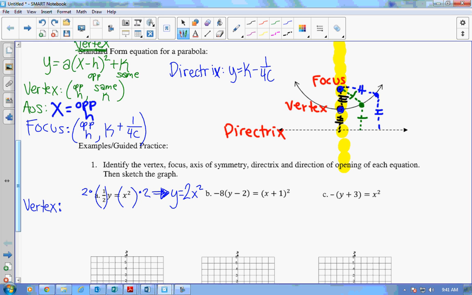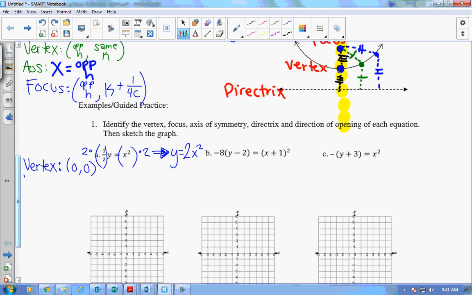So your vertex is 0, 0. Axis of symmetry is an equation. X equals. What was the x of the vertex? 0. So it's x equals 0, which means it slices through the x-axis at x equals 0.